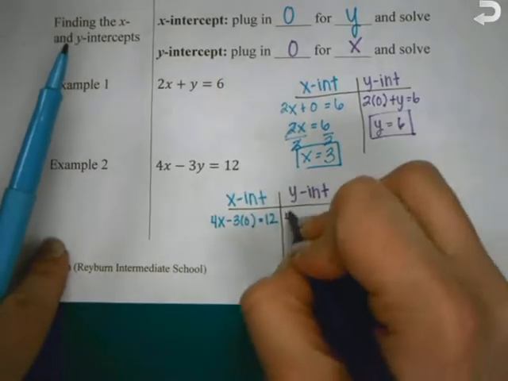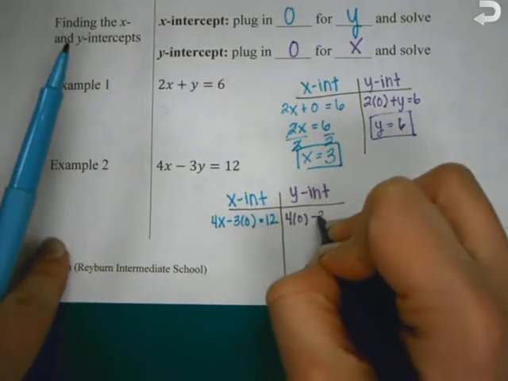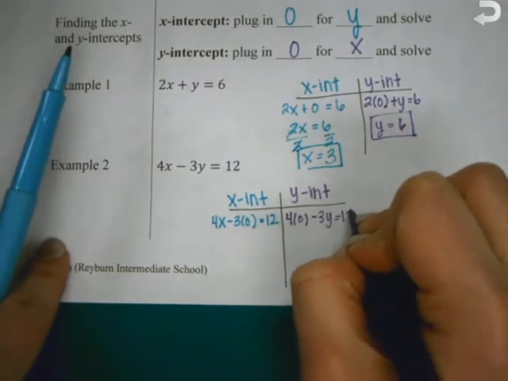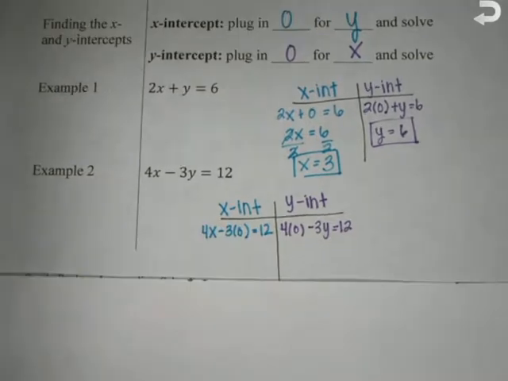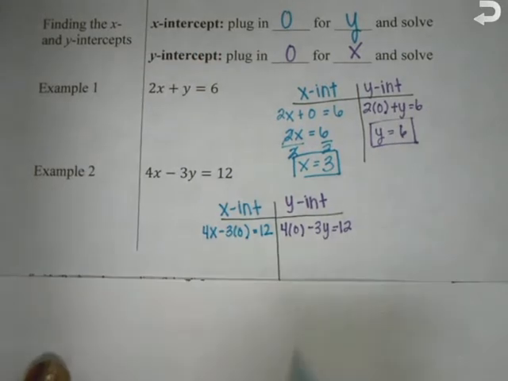Will you guys right now solve for the x-intercept and the y-intercept? Okay, guys. So if I plugged in 0 for y, what do I get here? 4x equals 12. Okay.